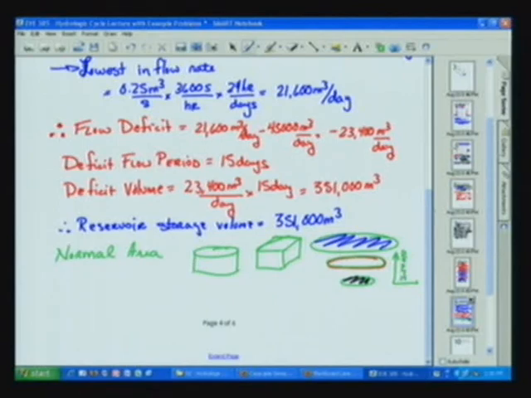So this is what we're looking for right there. Basically the average cross-sectional area of the pond.